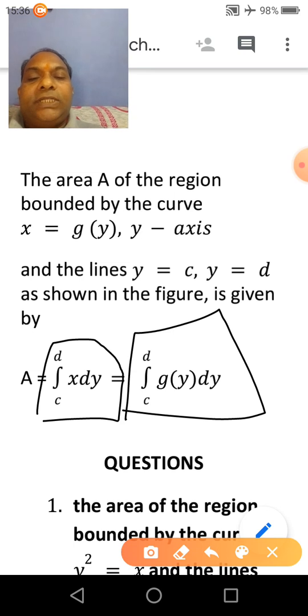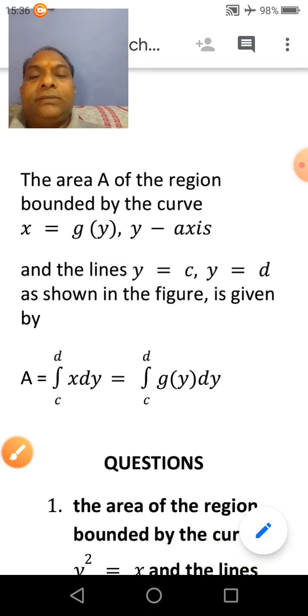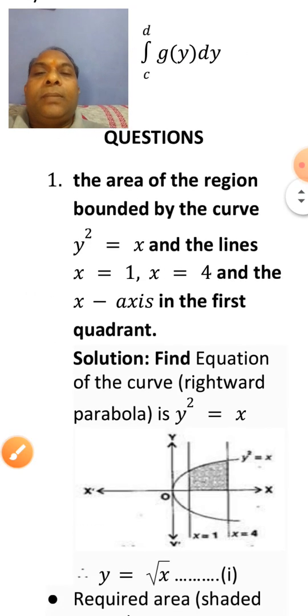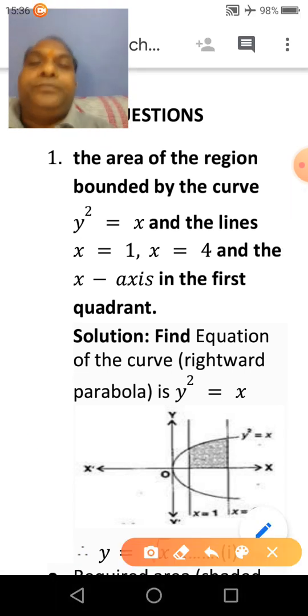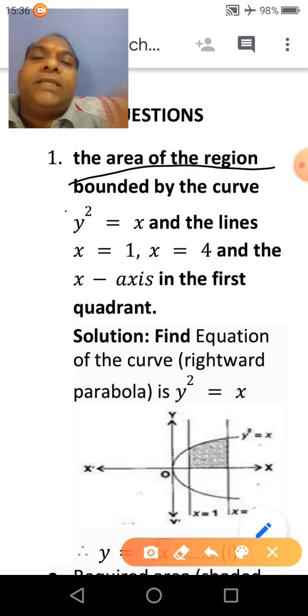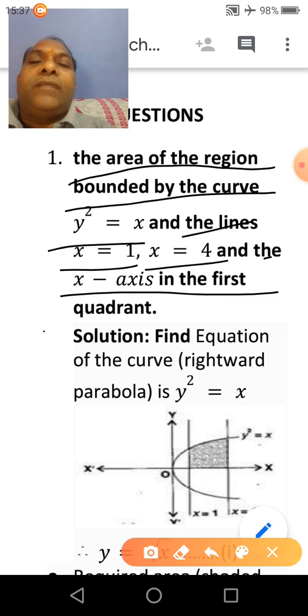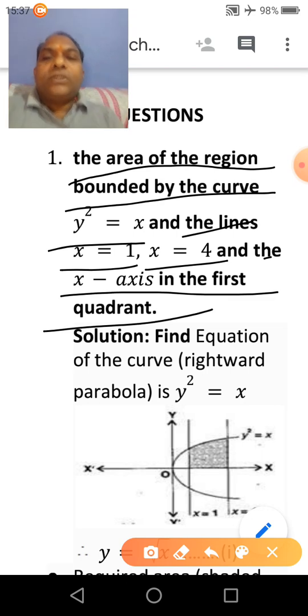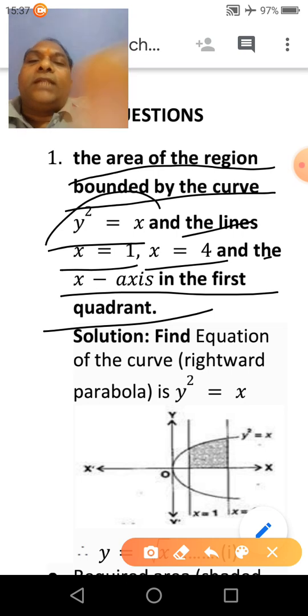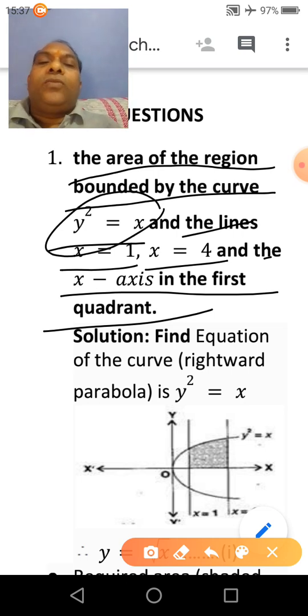Now see the questions. Question number 1. The area of the region bounded by the curve y square is equal to x and the lines x is equal to 1 and x is equal to 4 and the x-axis in the first quadrant.